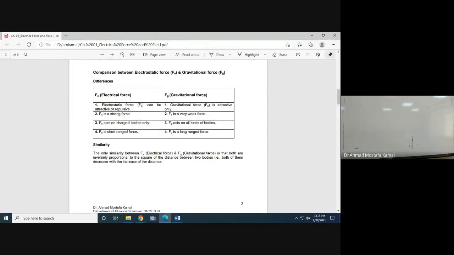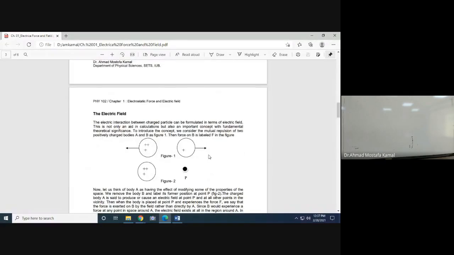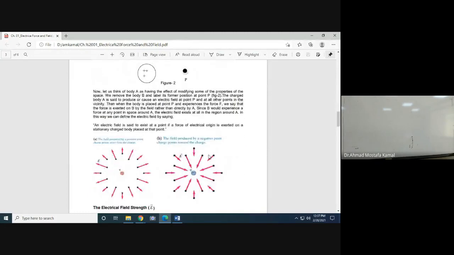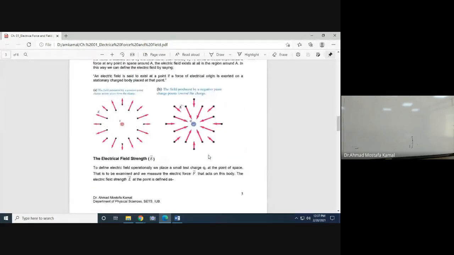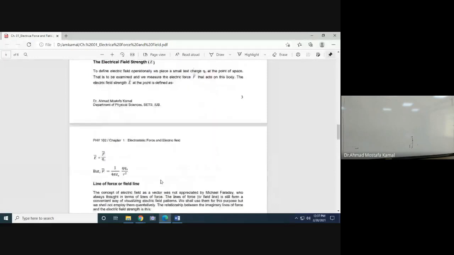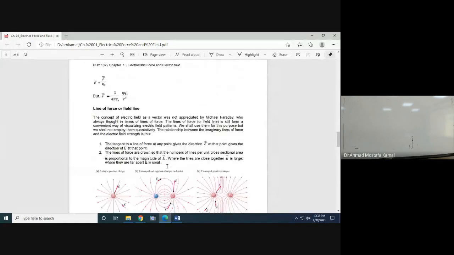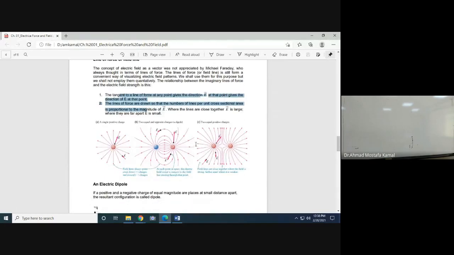And then we talked about electric field and its physical definition, mathematical definition, and line of force. Field was defined in terms of line of force.